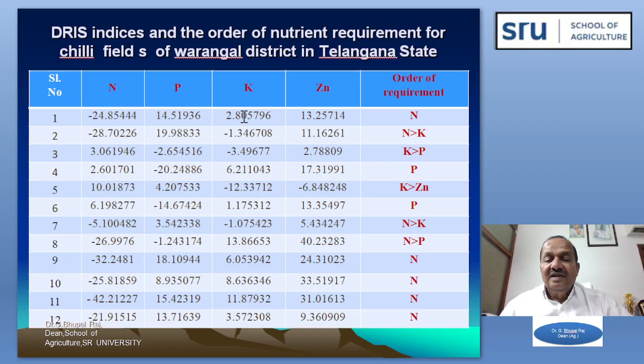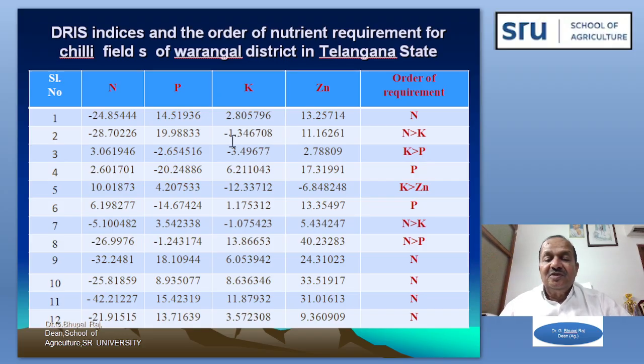For example, in the first plot of one farmer, the most negative value is for nitrogen, and P, K, and zinc are positive values. So for this plot, nitrogen is the only deficient nutrient. In the second field, nitrogen is minus 28, phosphorus positive, potash negative, and zinc positive.